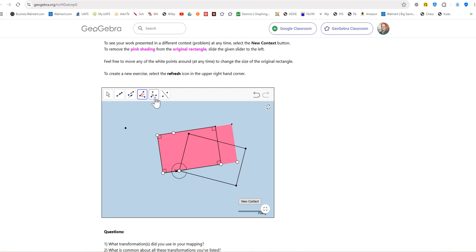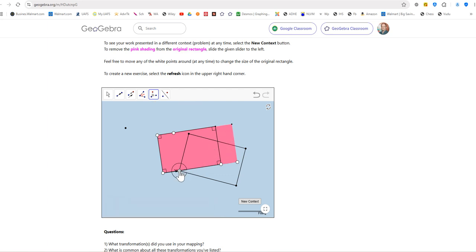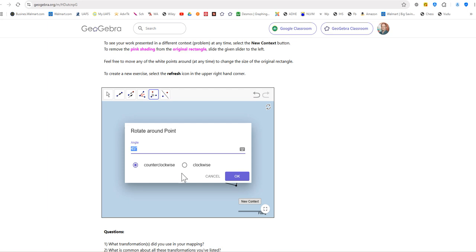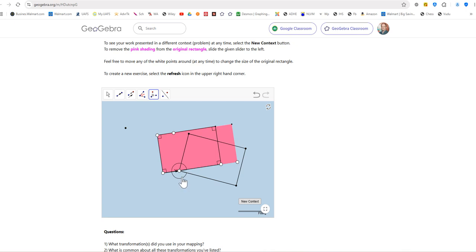And then rotate this object about that point by that angle. Let's see, what angle is that?